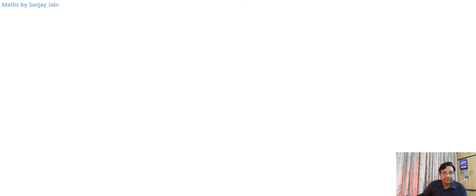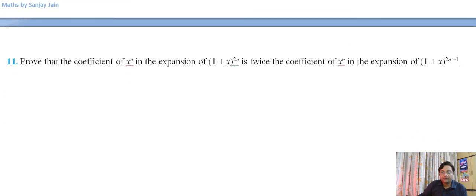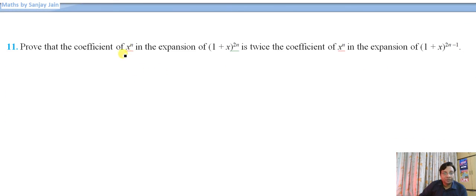Let me find the next question first. Prove that the coefficient of x raised to power n in the expansion of this is twice the coefficient of x raised to power n in this expansion. So what will be the general term in this expansion?